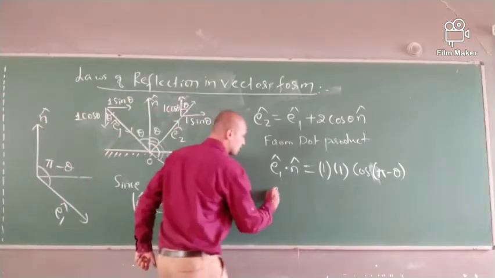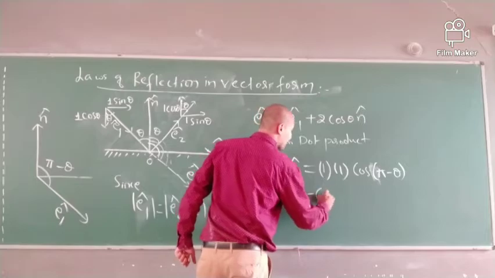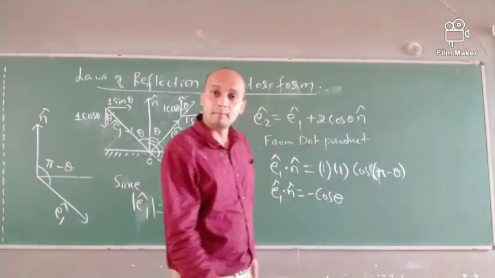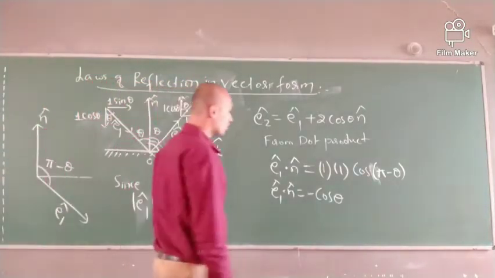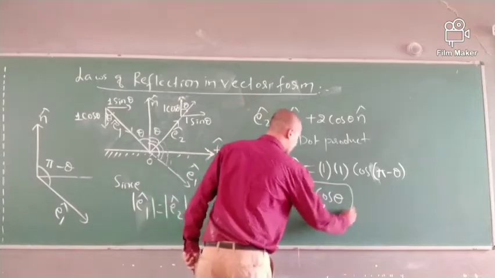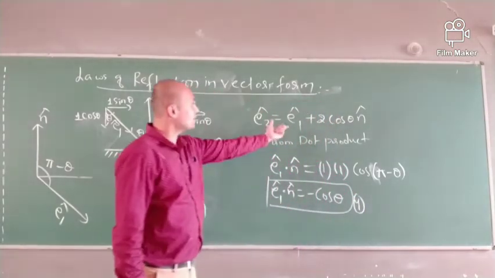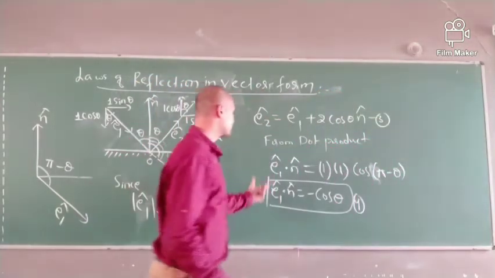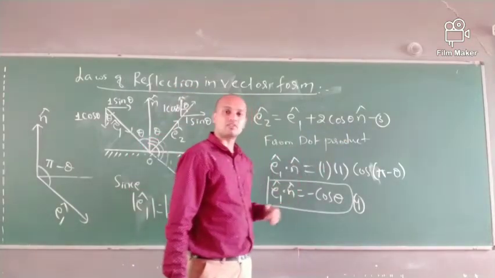So I can write E1 dot n will be equal to minus cos theta, because cos of pi minus theta is minus cos theta. Got it now? Let us keep this equation as 4. This is equation 3 and this is equation 4. So I can substitute the value of cos theta here.